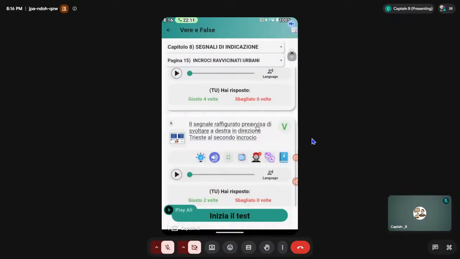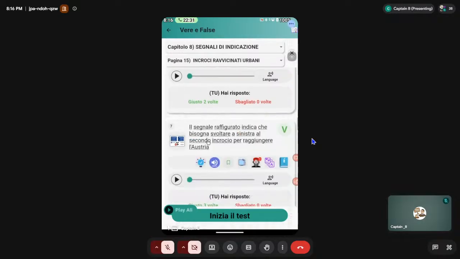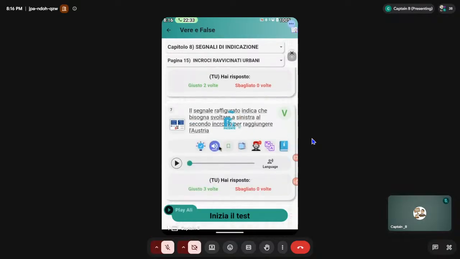Il segnale raffigurato preavvisa di svoltare a destra, direzione di Trieste, secondo incrocio. At the second junction, which is the right hand side, that is where you can locate Trieste. Yes, it is true. È vero. Pay attention to names. Number 7.